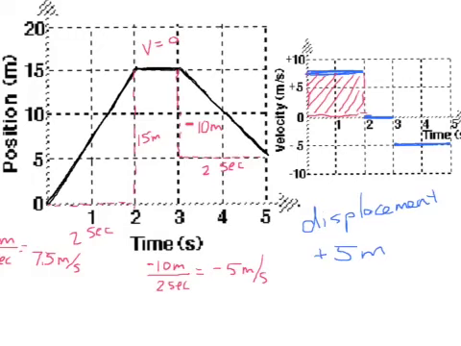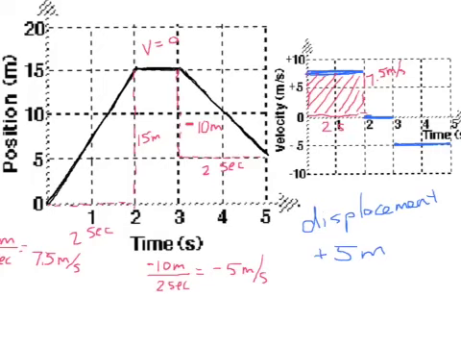So we'll write that down. We have a height of the box of 7.5 meters for every second, and we have a width of the box of 2 seconds.